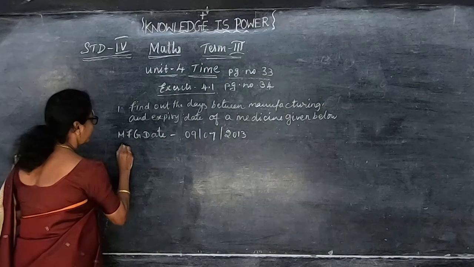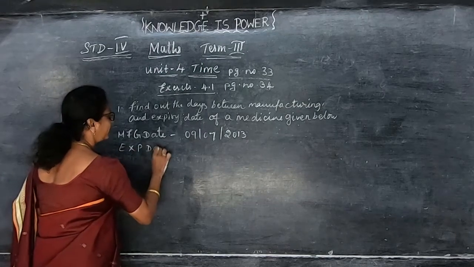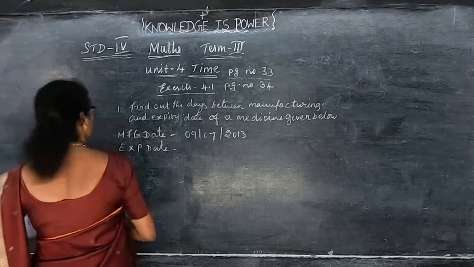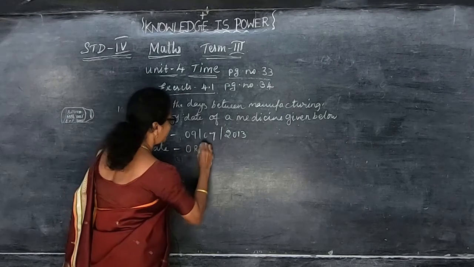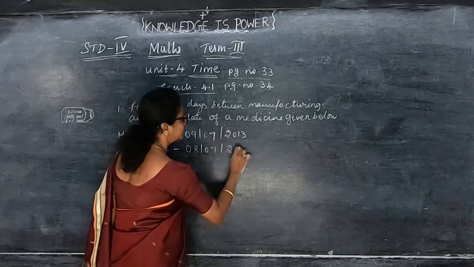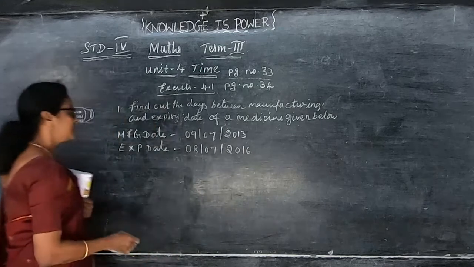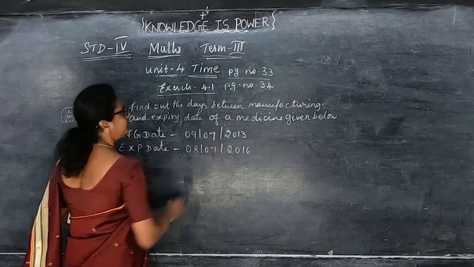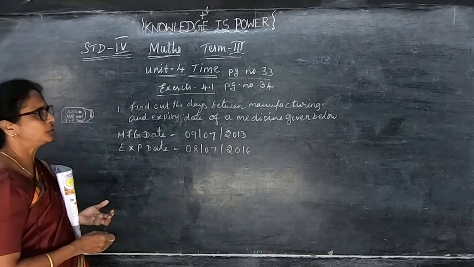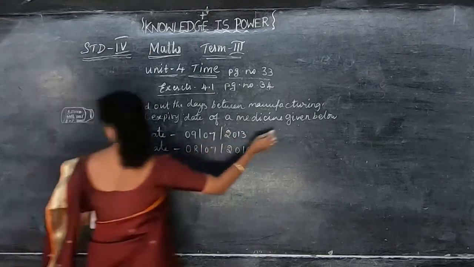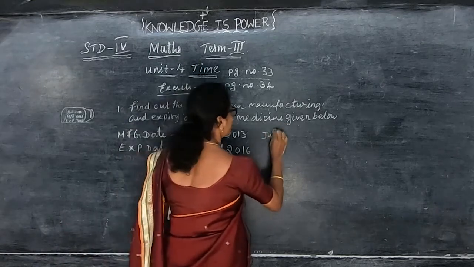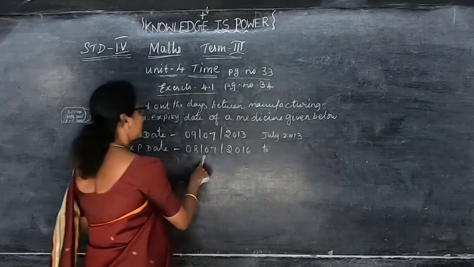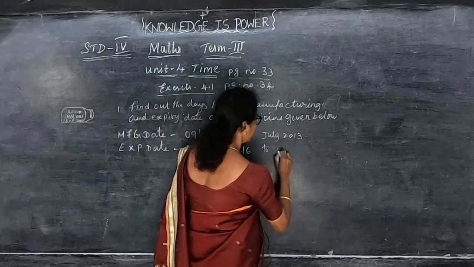And then the expiry date. We are saying how to find how many days there are. The expiry date is given as 8/7/2016. The manufacturing date is 9/7, that is July. So July 2013 to July 2016.